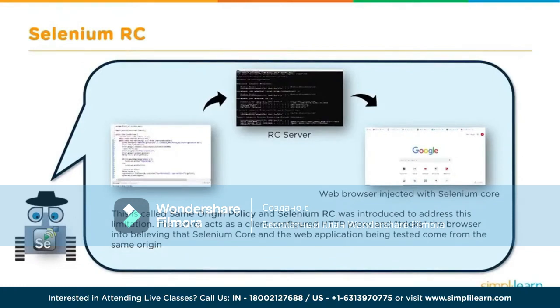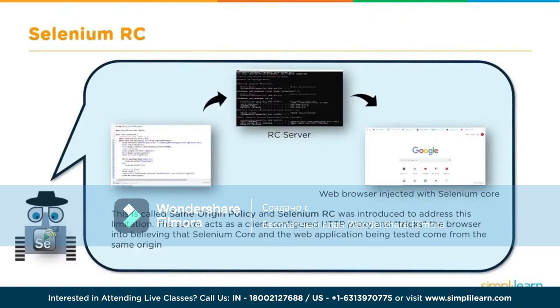It injects the JavaScript into the browser. Once this is done, all the subsequent calls from your test script to your browser go through your RC. Upon receiving these instructions, your Selenium core executes the actual commands as JavaScript commands on the browser. And then the test results are displayed back from your browser to your RC to your test scripts.